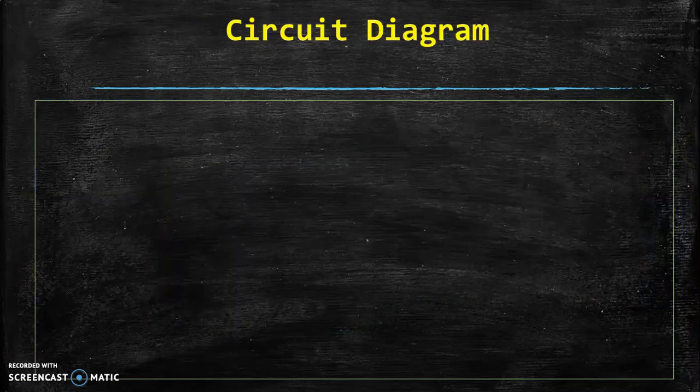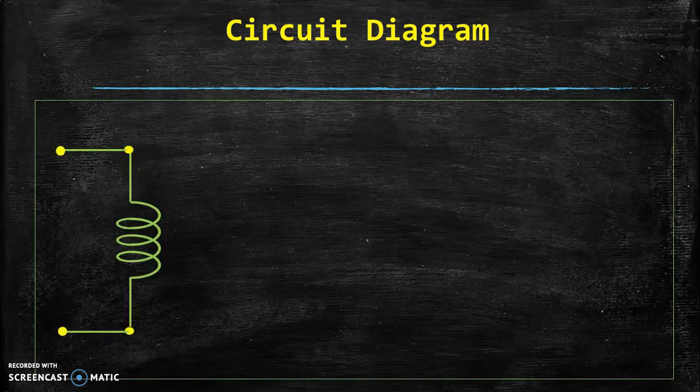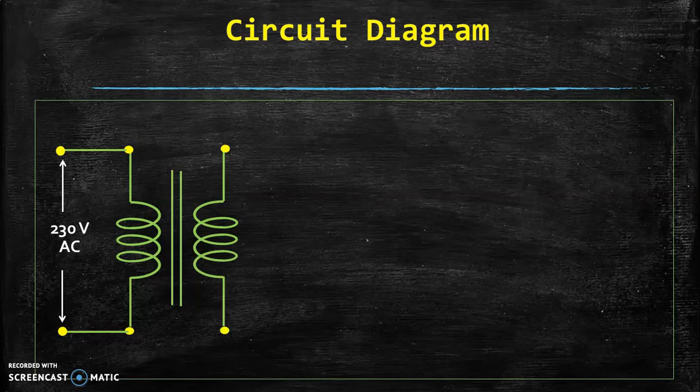Now let us see the circuit diagram for the half wave rectifier. We use one transformer. On the primary side of the transformer, we give 230 volt single phase AC supply. On the secondary side of the transformer, we get step up or step down voltage as per our requirement of the DC voltage.